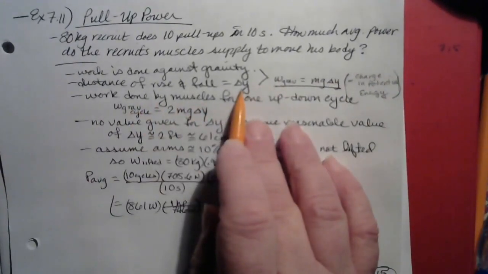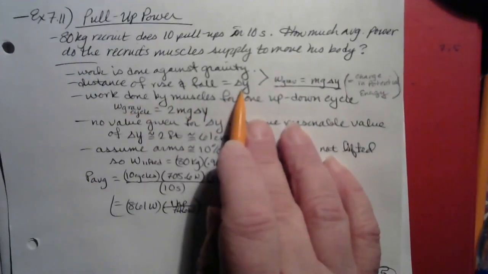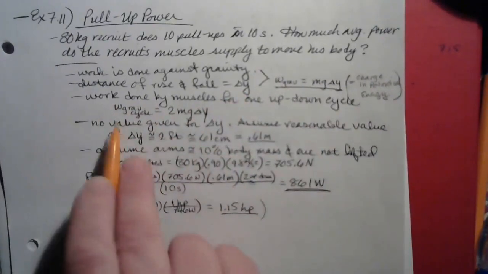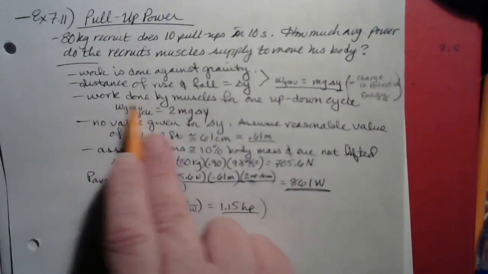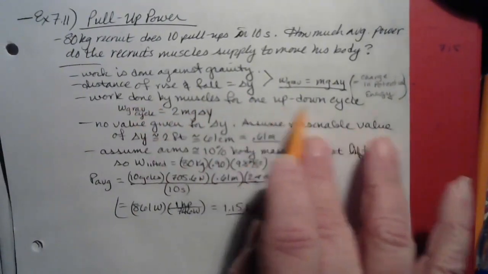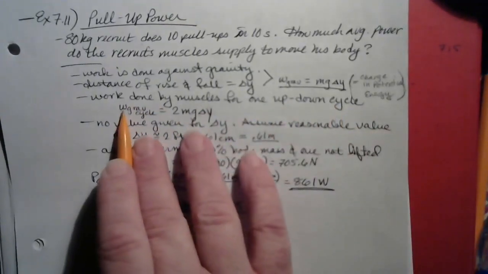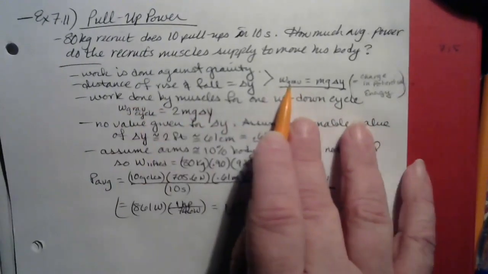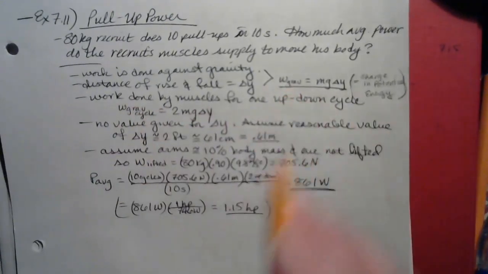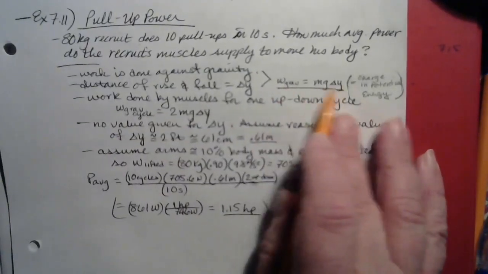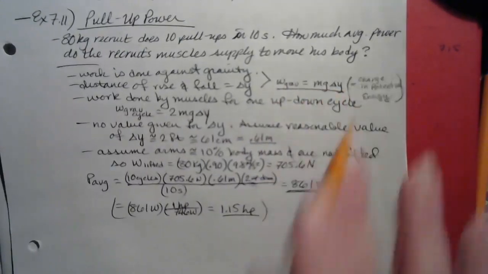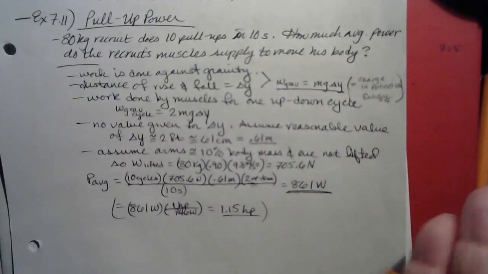We don't know the actual distance that he rises and falls during each pull-up, so we're going to have to estimate that. And we'll do that in a minute. The work done by his muscles for one up and down cycle, we could say is basically the work due to gravity times 2, because the work due to gravity would be on the way up or the way down, but each cycle is up and down.